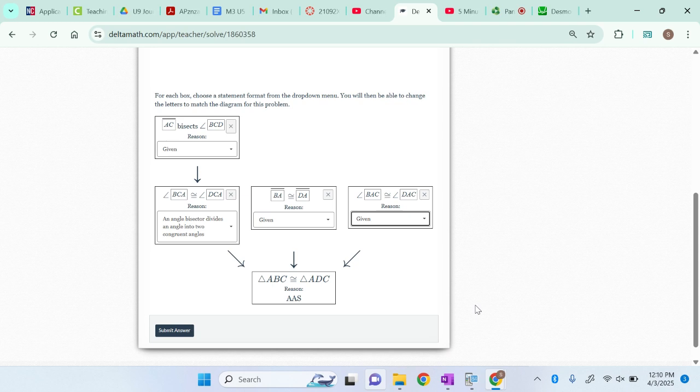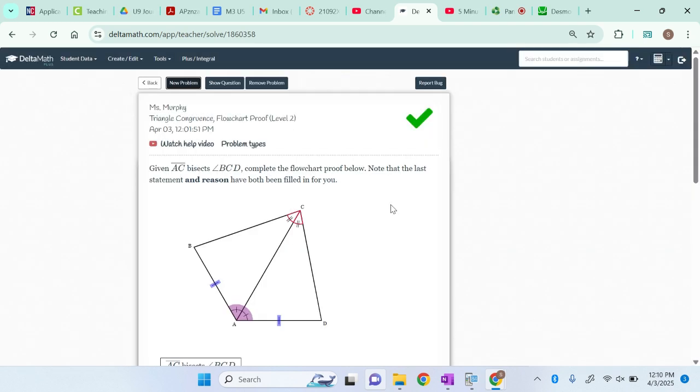Are you guys following at all? We're just going around. I understand it, I just can't see the. So I wrote it right here. Drop down, so it should say like angle X is congruent to angle Y. So it should look like, so it looks like this, Corey.